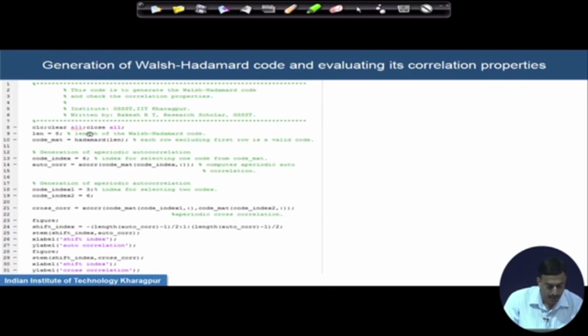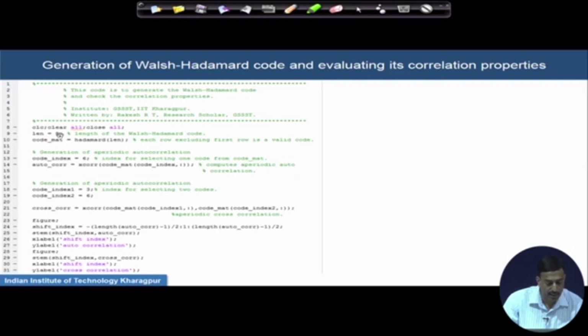So this is the first MATLAB code in the series of tutorials for implementation of a spread spectrum system. So I'll be a little bit more comprehensive in my explanation. We first declare the length of the code and store it in a variable.